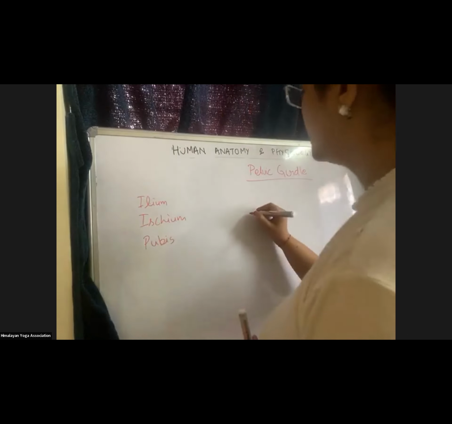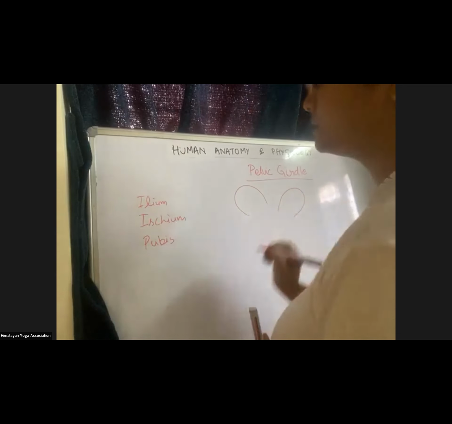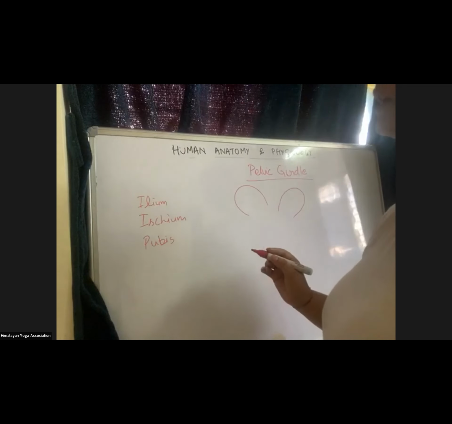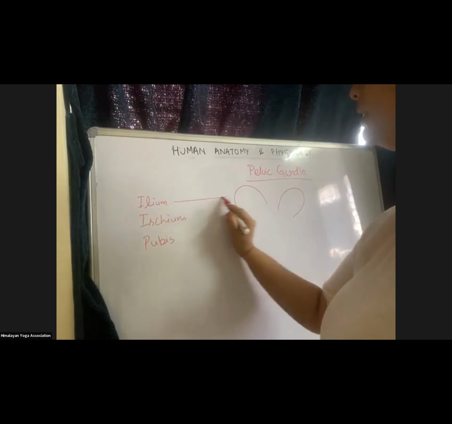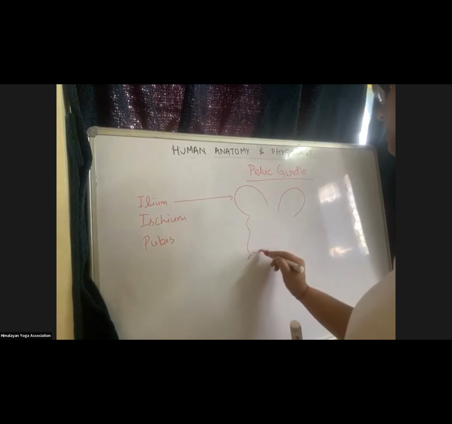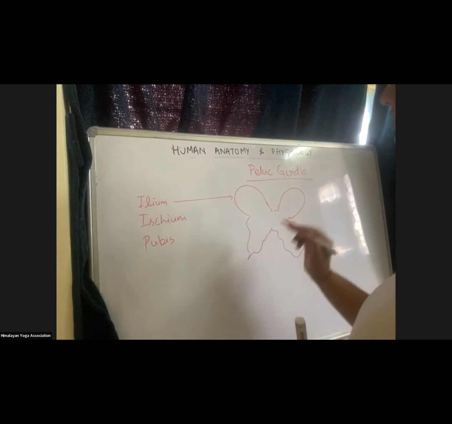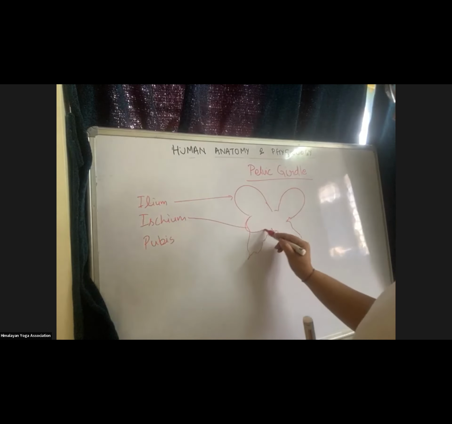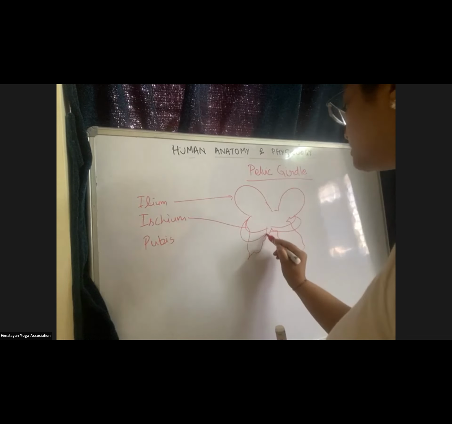So here we have something like this, a fan-like structure. It is superior in position, upward. This is ilium. Then we have something here, a butterfly kind of structure. This is ischium. And then in front we have pubis. They are connected here.